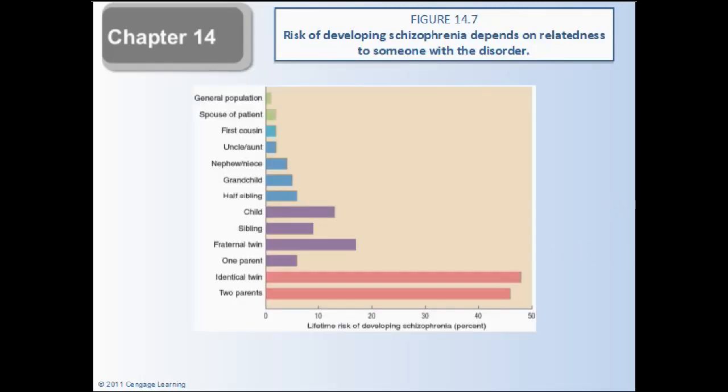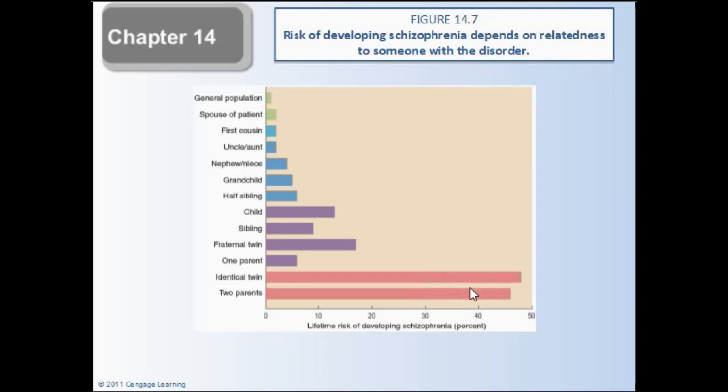On this next slide, you'll see the risk of developing schizophrenia, and in the chart it shows how heritable schizophrenia is. Basically, if you have an identical twin, you have a significant chance of also having schizophrenia.